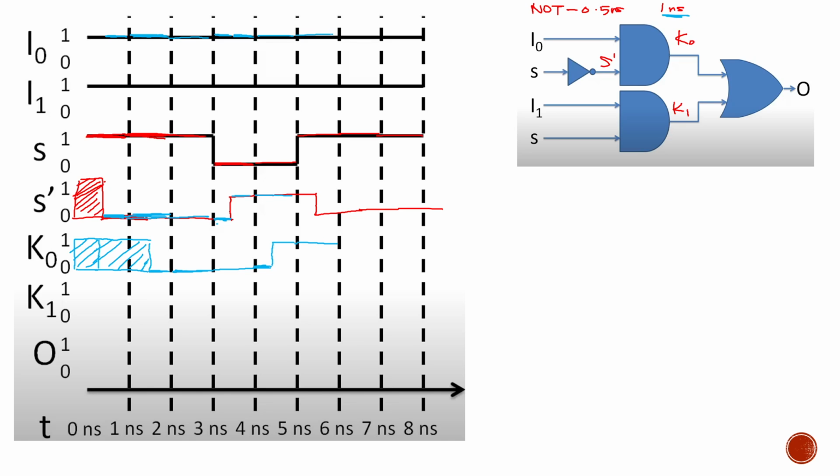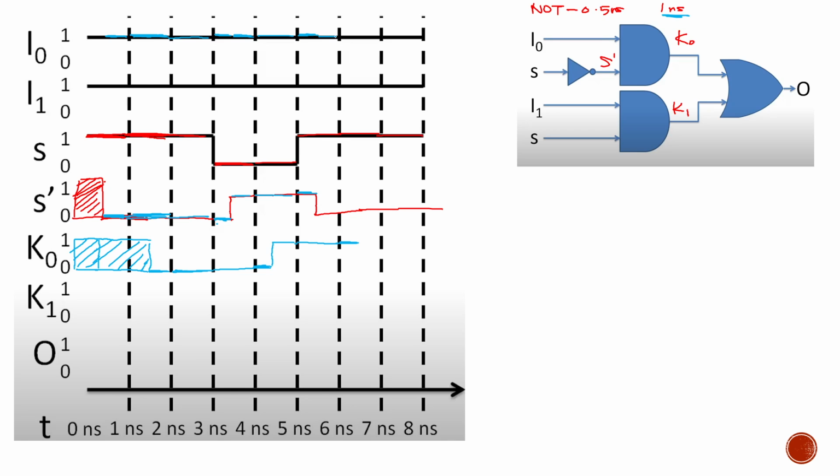Oh, sorry, maybe I shouldn't take the full segment because there's only half over here. So you have half a segment of high, and I'm going to take half a segment of high over here. It's going to produce half a segment of high because of the AND operation.